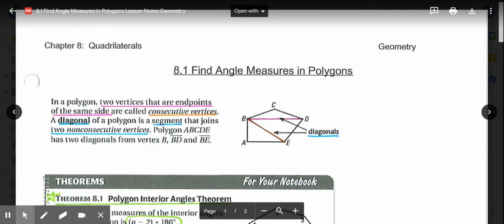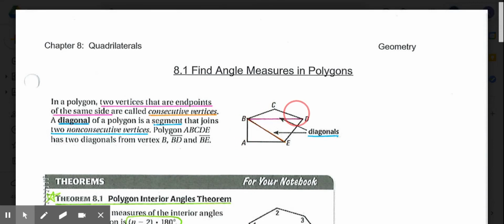First thing, remember, a polygon is made up of line segments that connect at their vertices or endpoints, and it creates a closed figure, meaning they all connect at their endpoints, no open space.